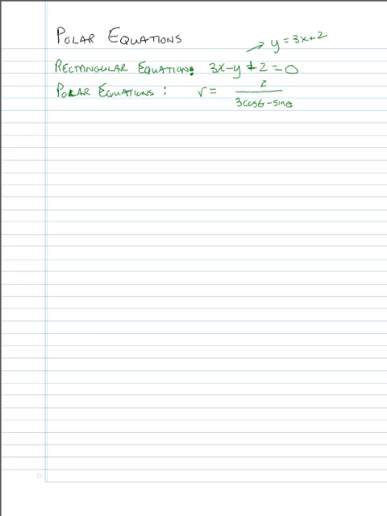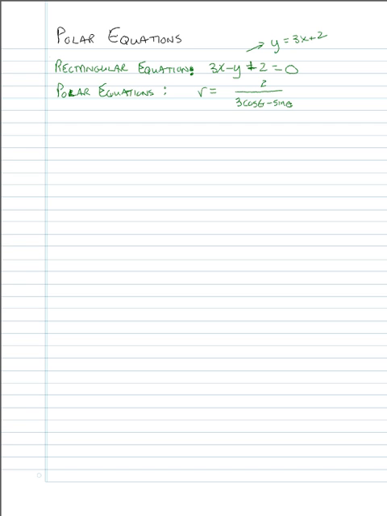Now, what we find in this study, and later on how we'll use this, is that many times a rectangular equation is very, very complicated. And if we can convert it to a polar equation, it ends up being very, very simple.